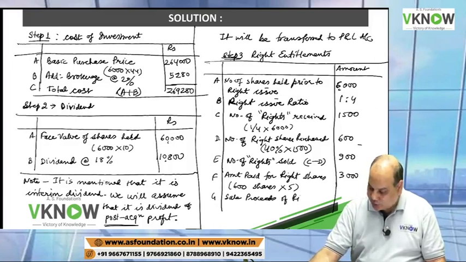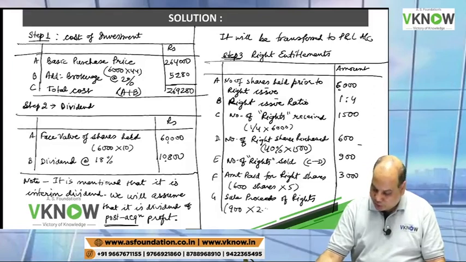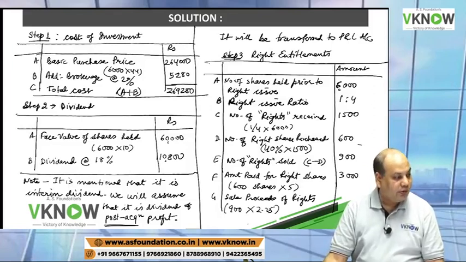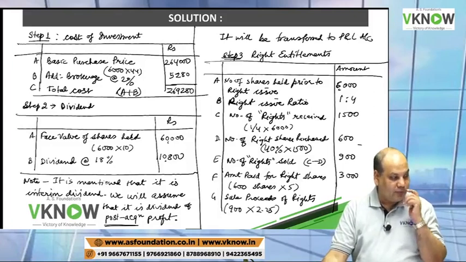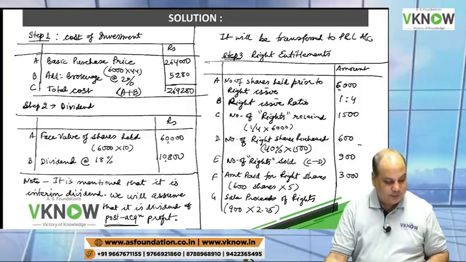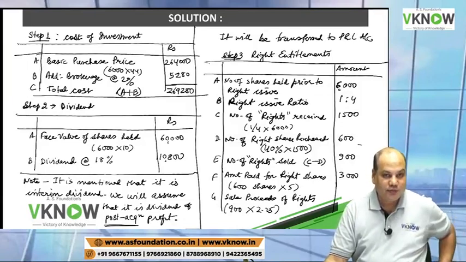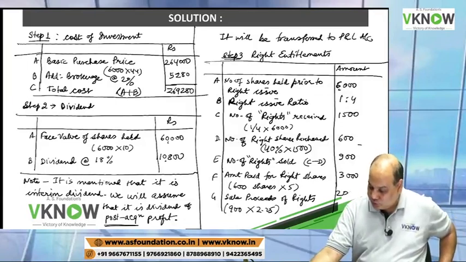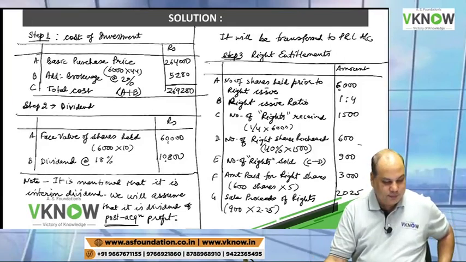If you sell rights, you will receive 2.25. 900 rights sold into 2.25 is 2025. Is this right? 2025.